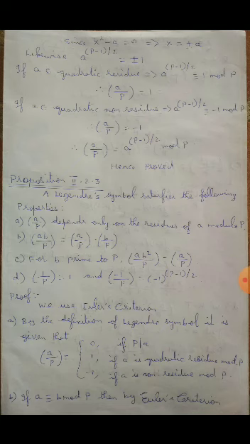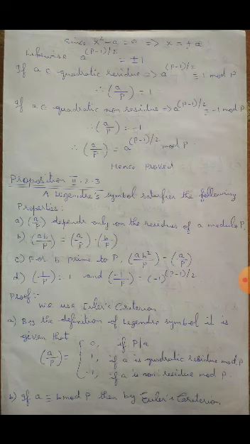We can use Euler's criterion for the first one. We simply write the definition of the Legendre symbol: (a/p) is 0 if p divides a, 1 if a is a quadratic residue mod p, and -1 if a is a quadratic non-residue mod p.